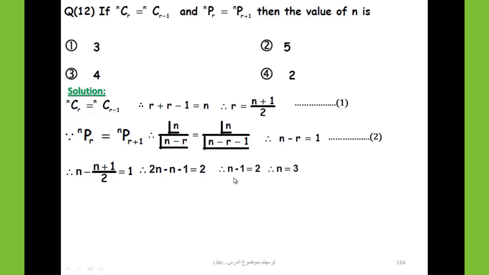So n minus 1 equals 2 and n equals 3, as 2n minus n minus 1 equals 2, so n equals 2 plus 1 equals 3.